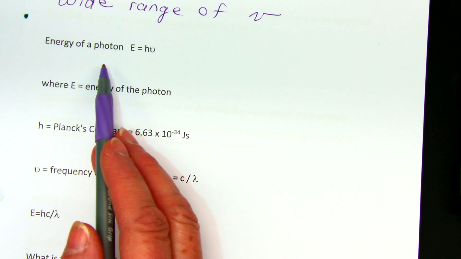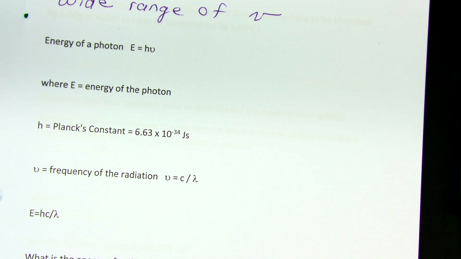Anyway, we can look at this and we can calculate the energy. We talk about the energy of one photon. A photon is a little packet of energy that's produced by an electron as it moves from one area to another in the atom's orbitals or shell or cloud, however it was introduced to you previously.